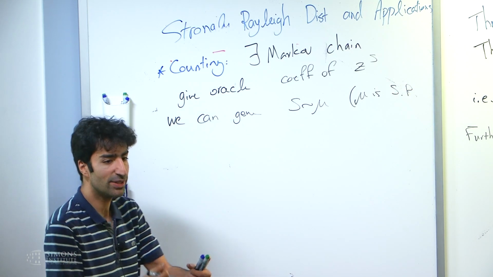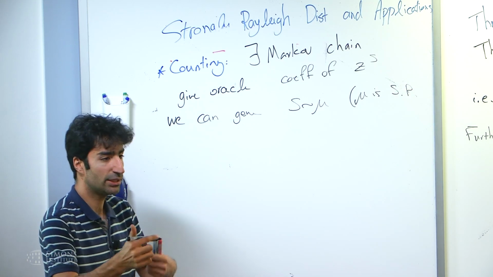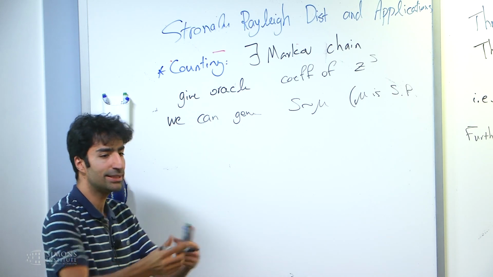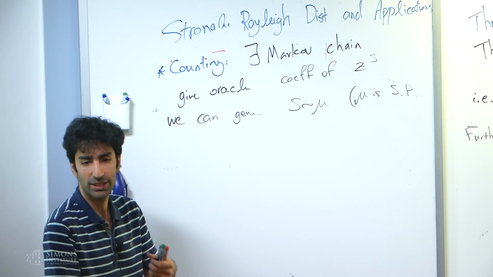And the Markov chain is very simple. Basically, given S, you randomly delete an element of S and randomly add a new element.